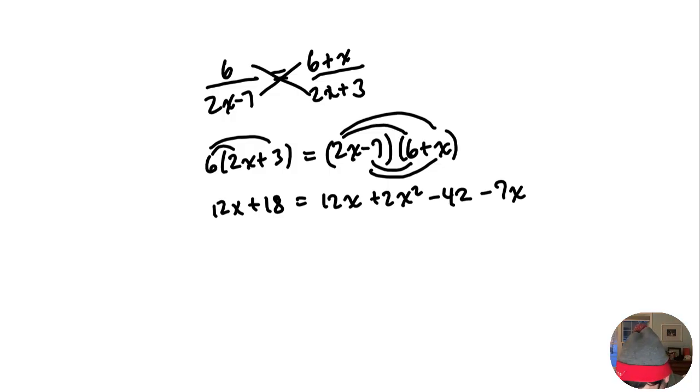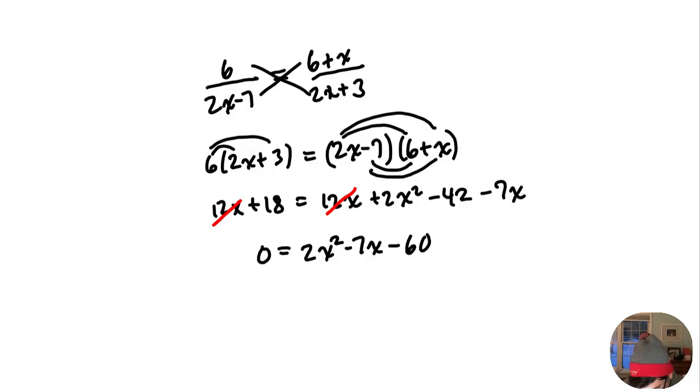And I notice here, we're going to try to do some cancellation to get this working out. Looking across, oh, this is pretty cool. The 12x's cancel. And I'm going to subtract 18 on both sides. So 0 is going to equal 2x squared minus 7x minus 42 minus 18 is minus 60.